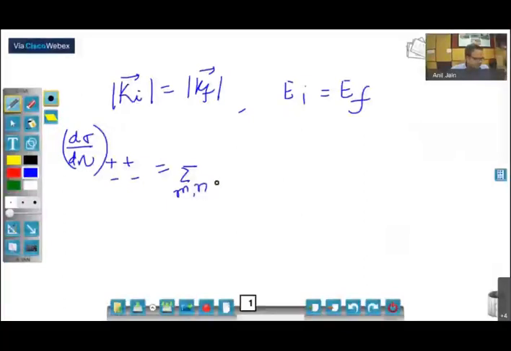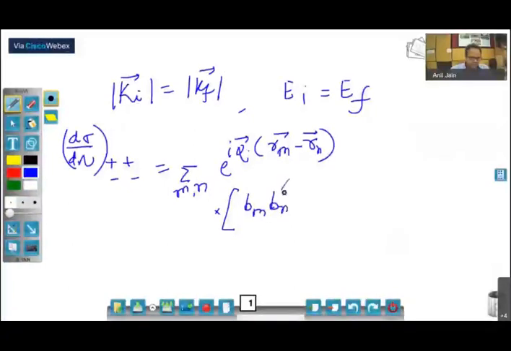sum over m, n, exponential iota Q dot, where Q is my scattering vector and these are the positions of the magnetic atoms, times b of m, b of n star, plus minus.